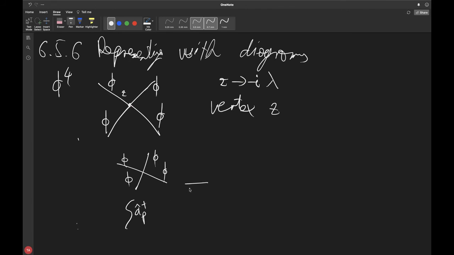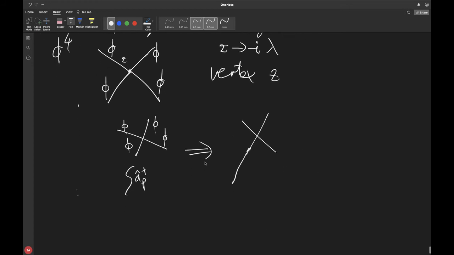So what happens with this is that we connect this line now to the vertex. So this here is the situation when we do the phi at x with the a_p dagger operator, and this is contracted.